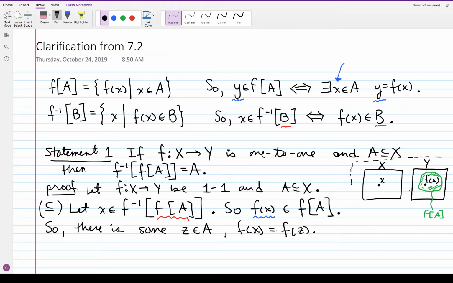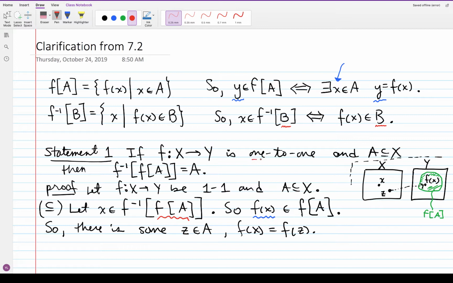So that's the best I can do. All I can say now in my drawing is that there's some z that gets mapped to f of x. That's what it means for this dot right here to be in f of A. Something in A gets sent to f of x. But I'm not sure yet that x and z are the same thing. Okay, but this is perfectly set up to invoke one-to-oneness now.